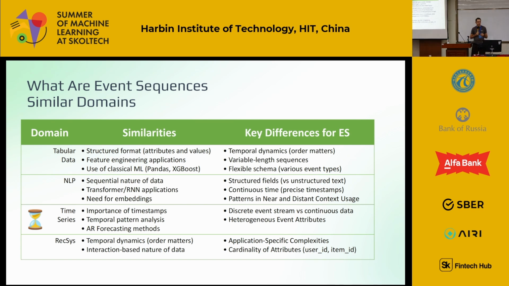In event sequence, there are other problems. Usually, we should classify the whole sequence, or, for example, find fraud events, or find anomalies, and something like this.